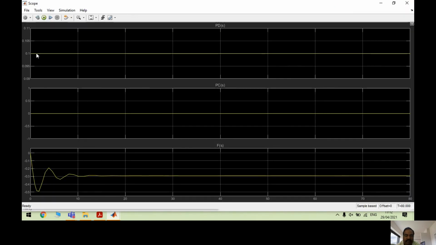It is at 0.1. This is 0. This one, if you carefully observe, is finally settling down at 30% change in the frequency. Isn't it? This is why the frequency is varying. It is going down to 50% change initially, finally settling down to 30%. Why is this happening? Because there is a change in demand of 10%, isn't it?